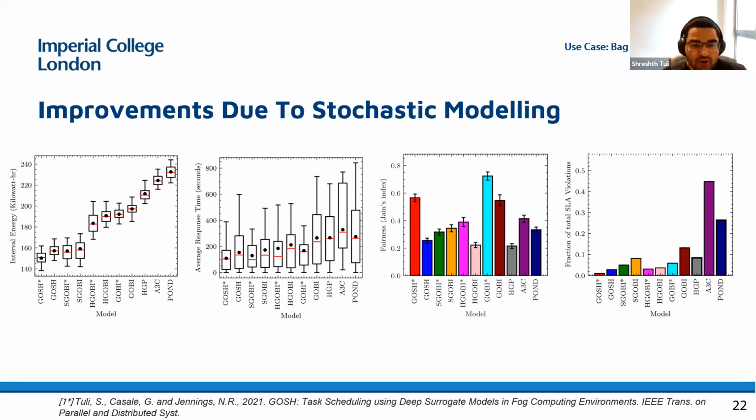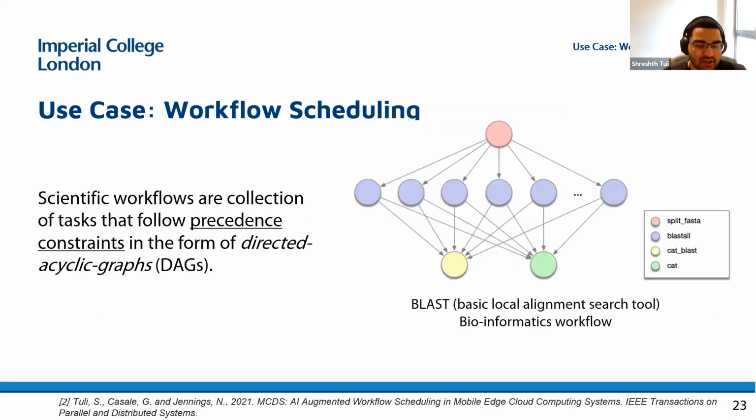So let me now move on to the next use case, which is workflow scheduling. And by workflows, I mean these scientific workflows that have these precedence constraints, where the fundamental issue in workflow management is the handling of these constraints, where unlike bag of tasks like workloads, scientific workflow applications can only be scheduled in a particular order.